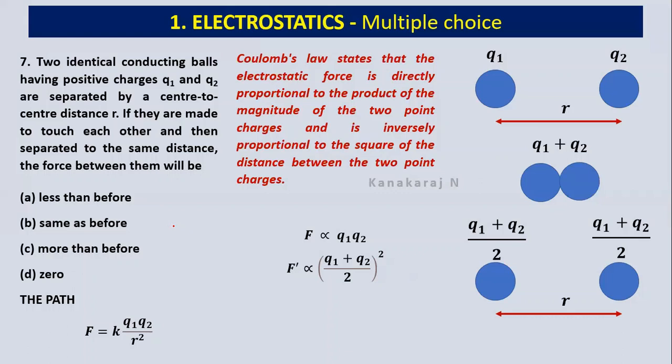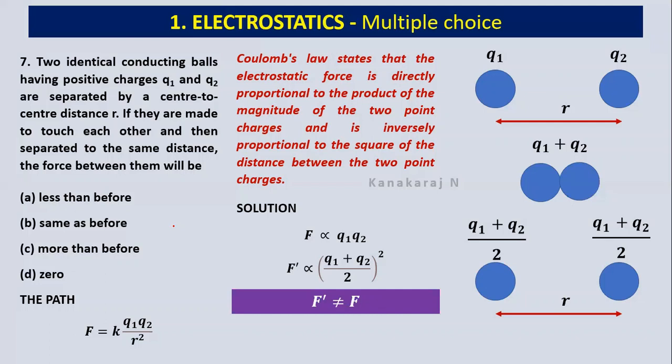In the second case, F prime is proportional to Q1 plus Q2 divided by 2 multiplied by Q1 plus Q2 divided by 2. The important condition is that F prime may be greater than F, less than F, or equal to F. We may not know it. So let us take F prime not equal to F, and finally we will prove what is going to happen.